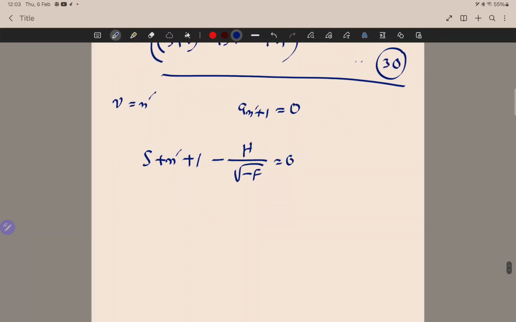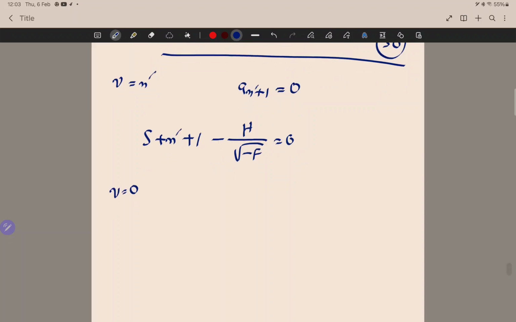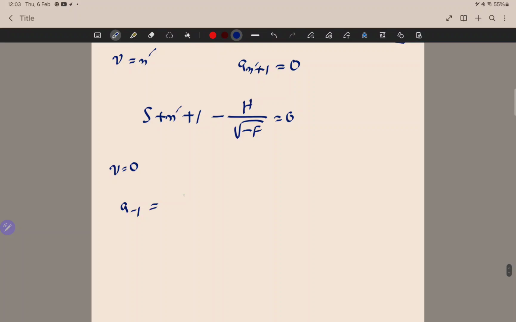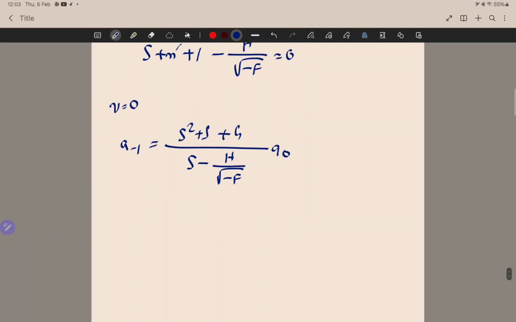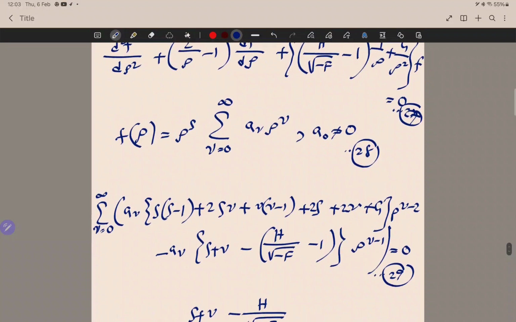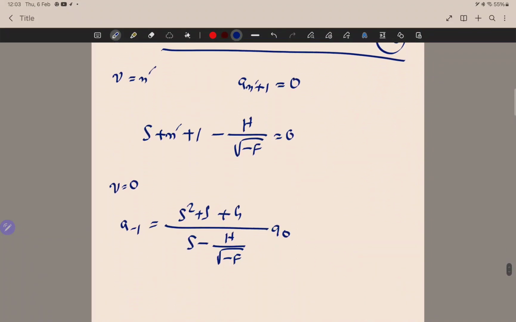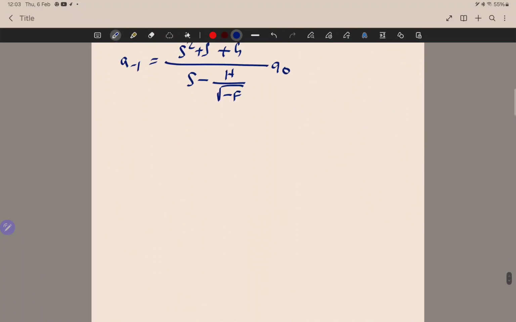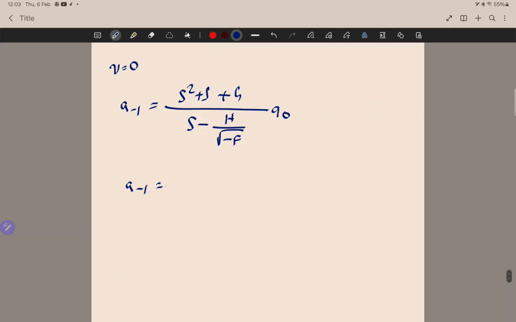In equation number 30, we set ν equal to 0, and a_(−1) equal to [s² + s + g]/[s − h/√(−f)] a_0. So from equation number 28, we have a_(−1) equal to 0.